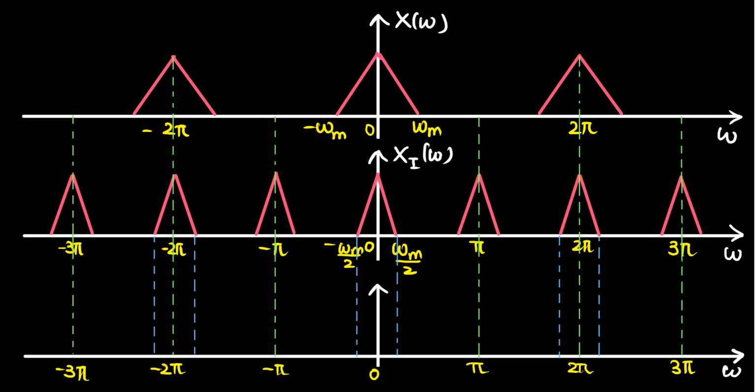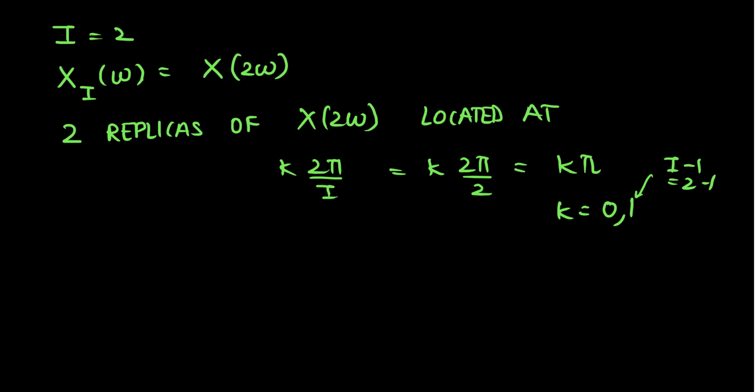If we observe it graphically, this is the Fourier transform of X(omega) with maximum frequency as omega m and minus omega m. If I consider the Fourier transform of the interpolated signal, then I would be getting shrinking or scaling of this omega axis by 1 by 2. So I am having this omega m by 2 here. Moreover, I would be having replicas at integer multiples of pi, that is at 0, pi.